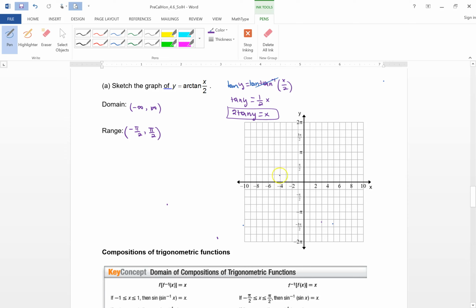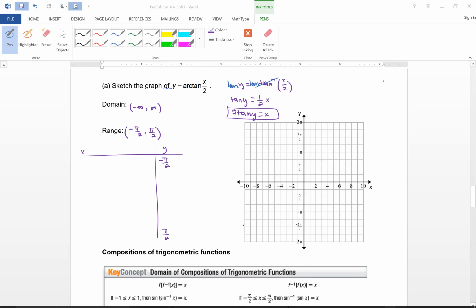And we're going to do the same thing. We're going to pick our y values, and they're going to go from negative pi over 2 to pi over 2 again. So the middle is 0. And the quarters are negative pi over 4 and positive pi over 4.